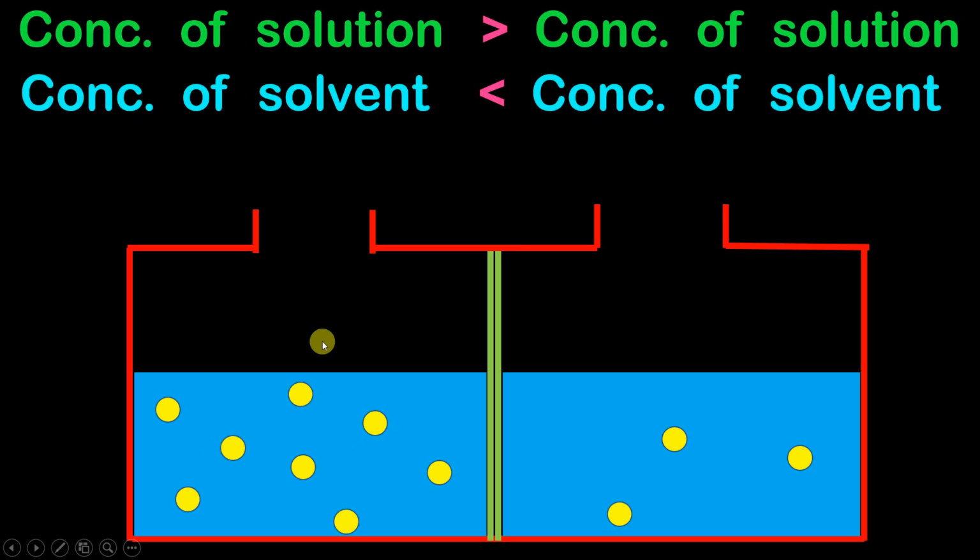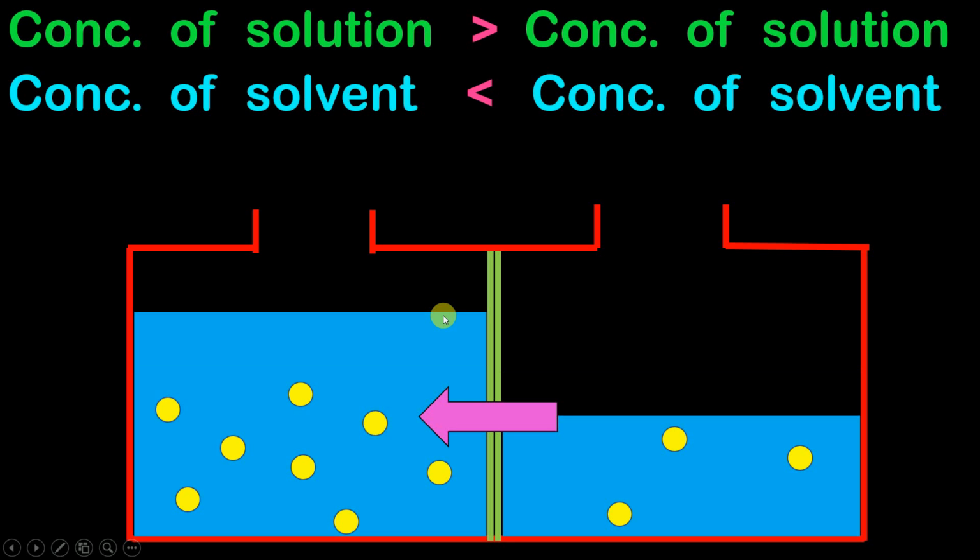Now, we all know, since the concentration of solvent is greater on the right hand side, therefore, the solvent molecules are going to flow from right hand side to the left hand side. So as you can see over here, now the solvent molecules have flowed from right hand side to the left hand side, and this is nothing but your osmosis.